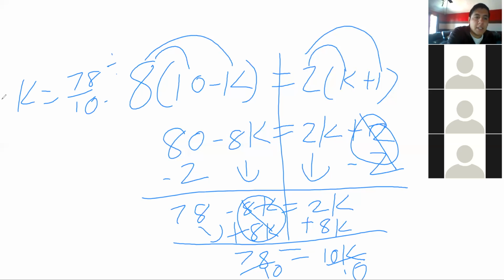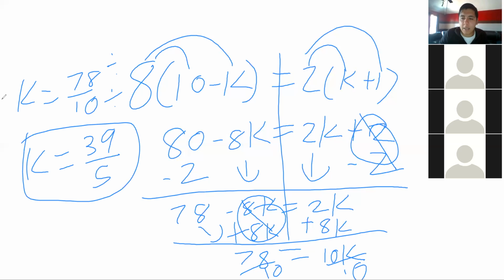If we divide both of these by 2, we can reduce this to 39/5. And again, I just want to avoid working with decimals whenever possible. You're not wrong if you put the answer as a decimal, but I'd rather see it as a fraction, right? Decimals start becoming kind of difficult when there's too many of them.